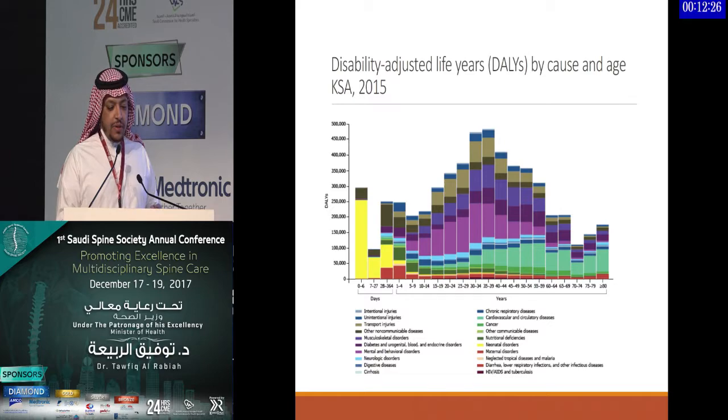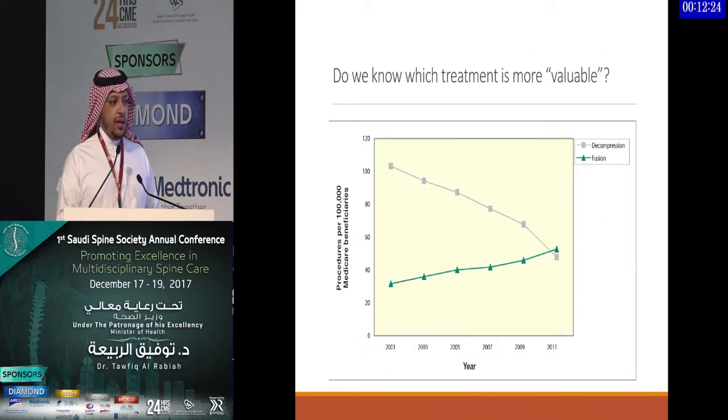If you look at it from the supply side, there's also a challenge of identifying what to do to manage disease, especially spine disease. This is an example of an intervention for spinal stenosis. This is data from CMS, Medicare in the US.